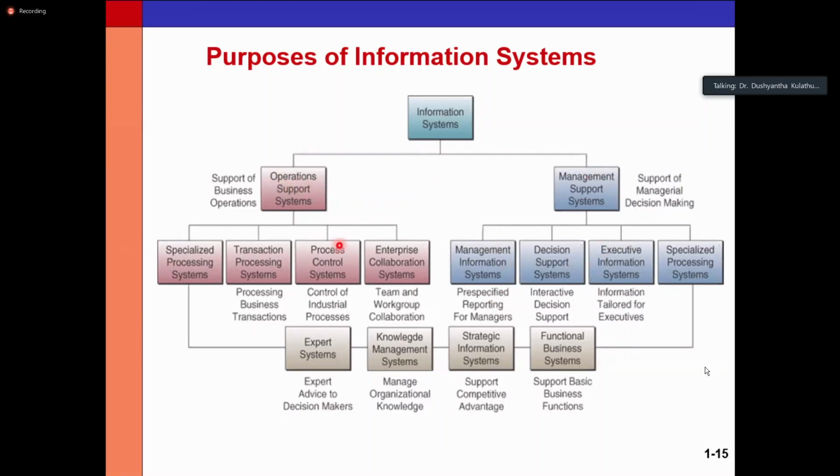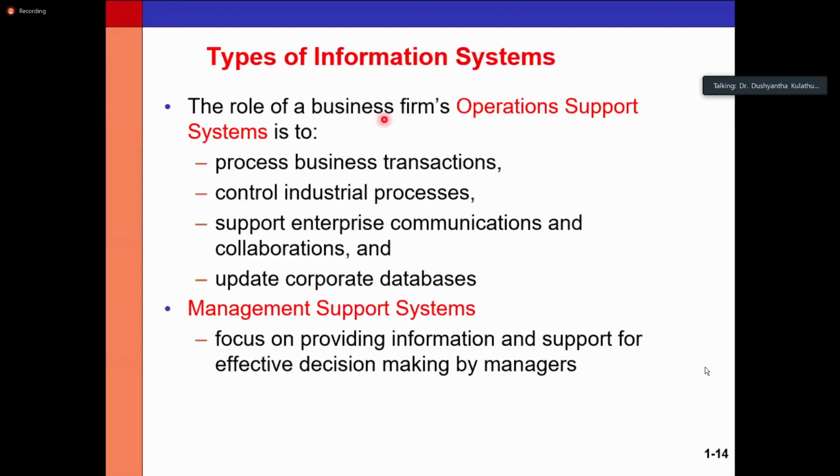So with that understanding in mind, we can come back to this particular slide. Here we are going to look at what is performed by these operation support systems and management support systems.